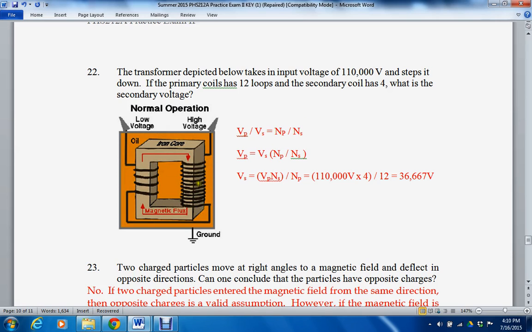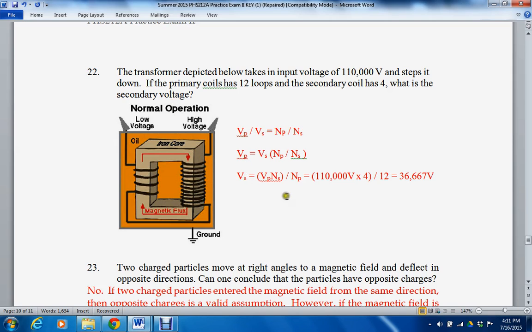So this is how a transformer works. Outside your house and the power lines, the power is being delivered at a higher voltage, and then there's a step down transformer to bring 120 volts into your house. So we have the high voltage part of it, then the low voltage part of it. What are we looking for? What is the secondary voltage?